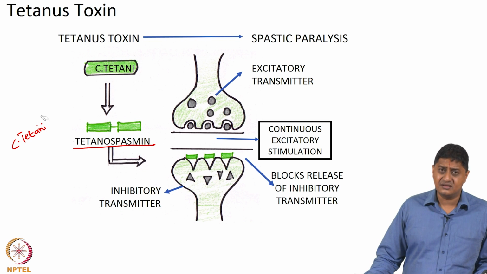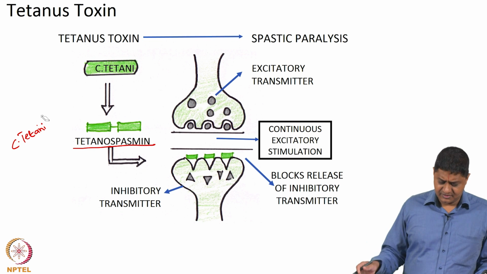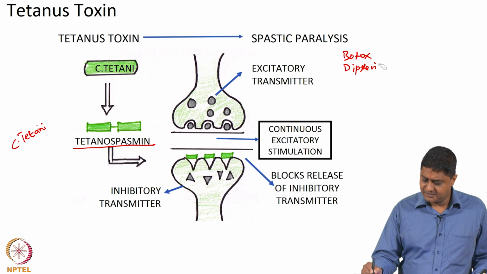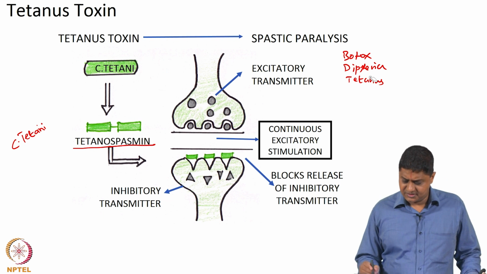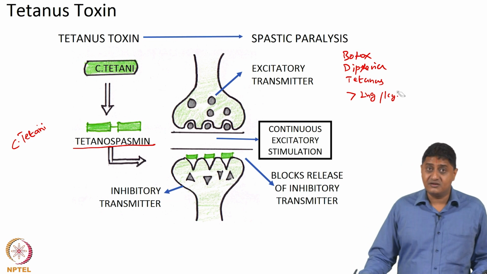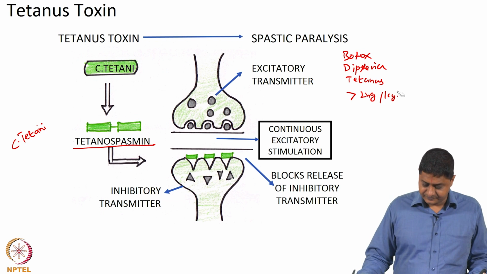Actually, it is the third most potent after Botox. Basically, there is Botox, there is diphtheria toxin, then there is tetanus toxin. These are the order of this. You need a little bit more than 2 nanograms per kilogram for this to be very potent, right.